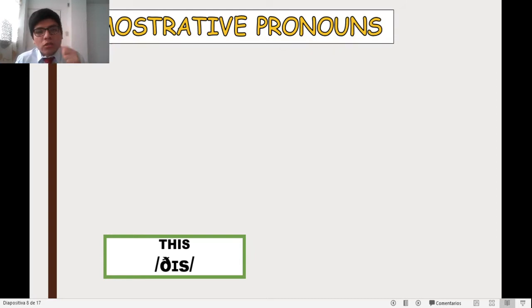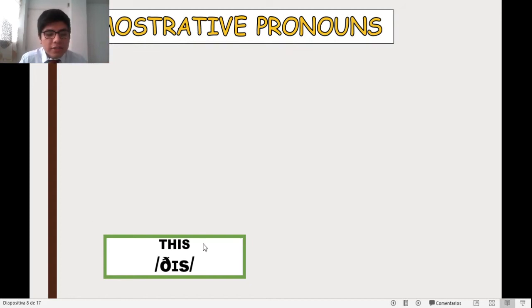How do you pronounce this, teacher? I get confused because I have this, singular and near, and on the other hand you have these, which is plural. How can I pronounce these two demonstrative pronouns correctly? I will teach you now.